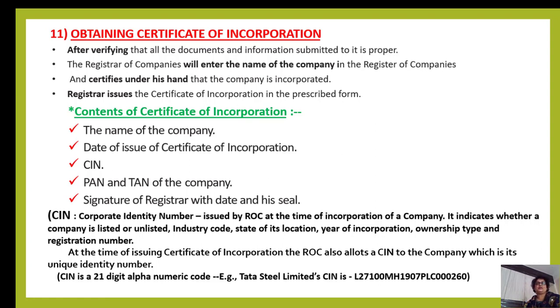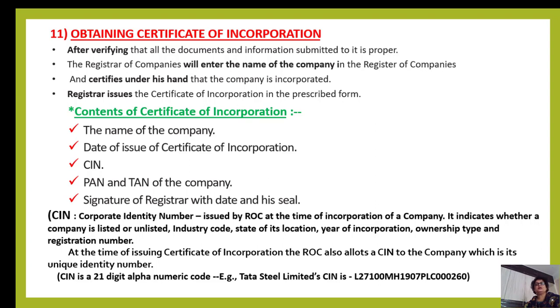So what is the meaning of CIN? CIN means Corporate Identity Number. This is issued by the ROC. The registrar gives the CIN number at the time of incorporation of a company. This number indicates whether a company is listed or unlisted.